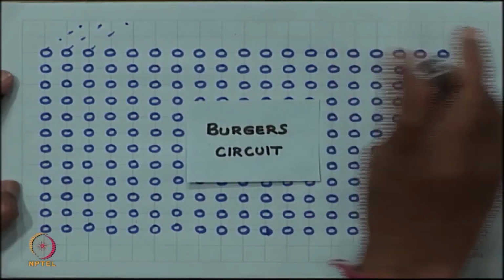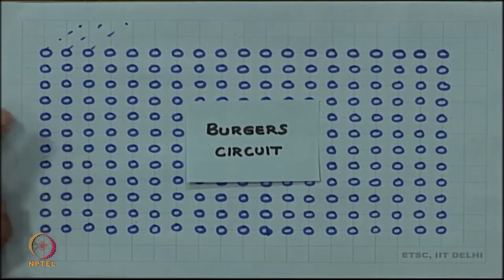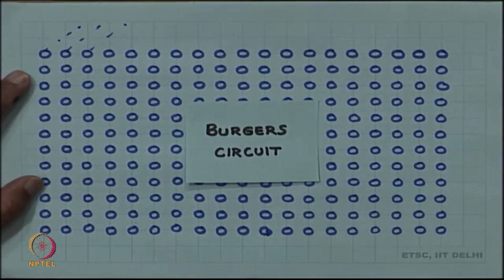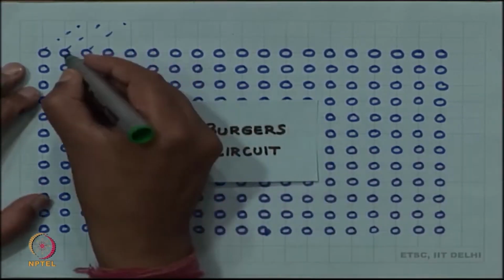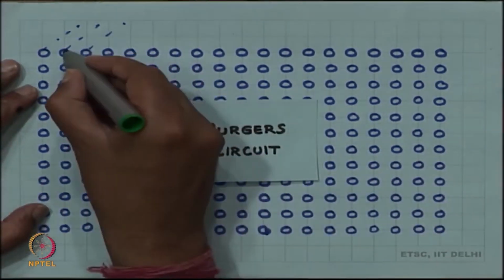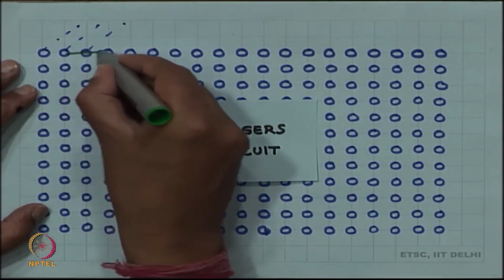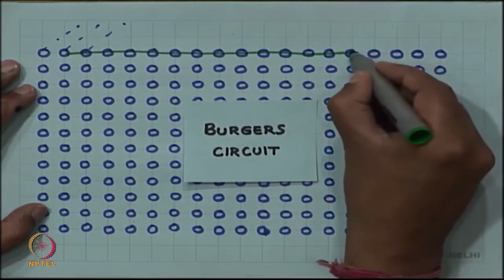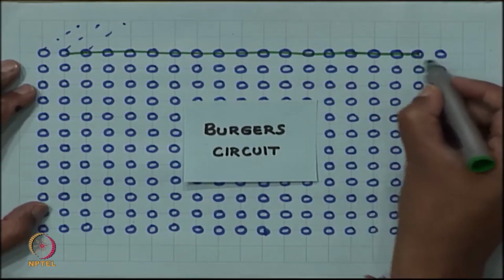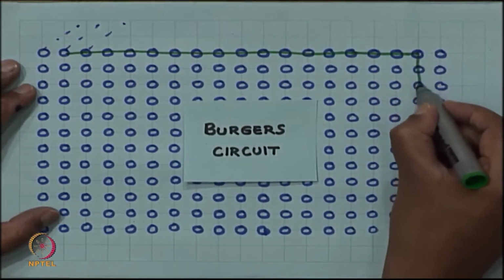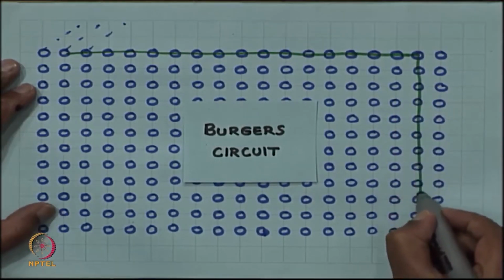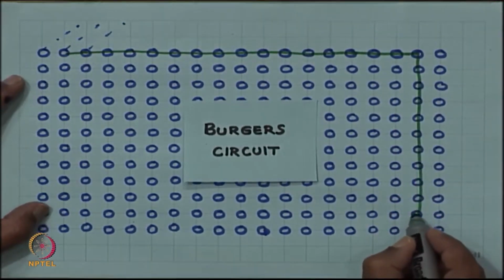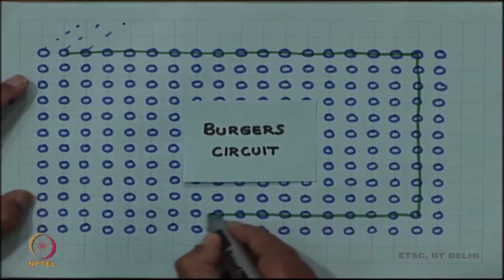We are seeing the front face, and on this front face let us draw a closed circuit. Any closed circuit will do. For the sake of simplicity, I am keeping it a rectangular circuit.